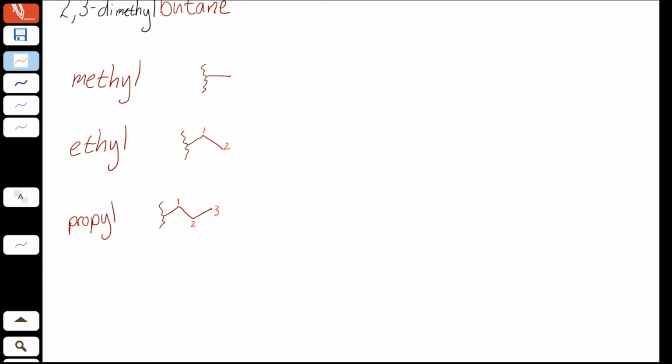And we also have isopropyl, which is a 3 carbon group that connects to the middle of that chain. So it's still a 3-carbon group, 1, 2, 3, but it's connecting to the main chain by the middle rather than by one of the ends, and so we call that an isopropyl group.